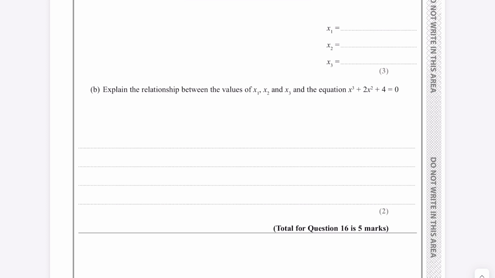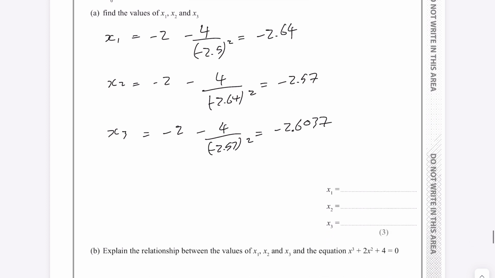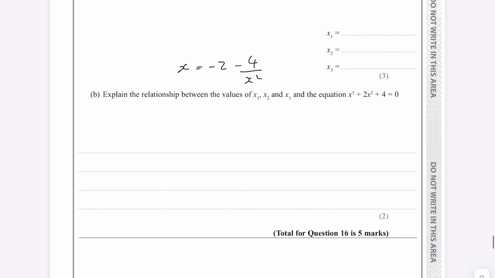Explain the relationship between x1, x2, x3, and the equation x cubed plus 2x squared plus 4 equals 0. If I write down the equation that was in the question at the top, x is equal to minus 2 minus 4 over x squared. If I now come down here and rewrite this, that's x cubed plus 2x squared plus 4 equals 0.